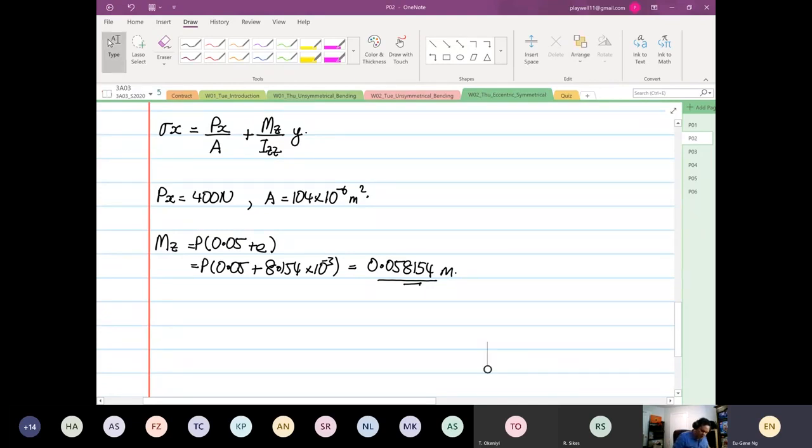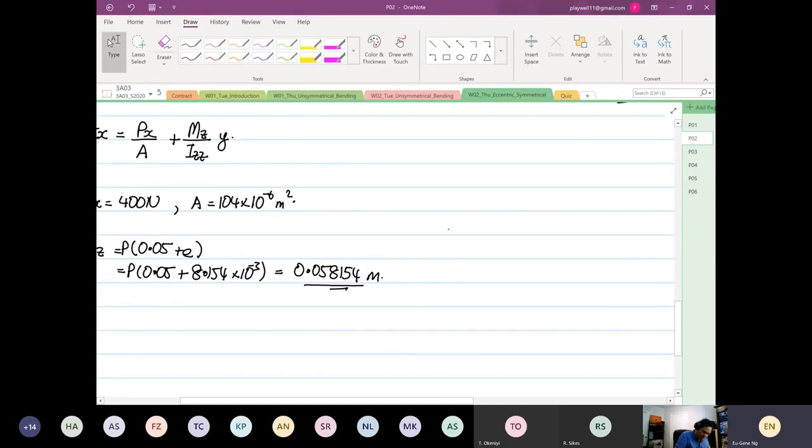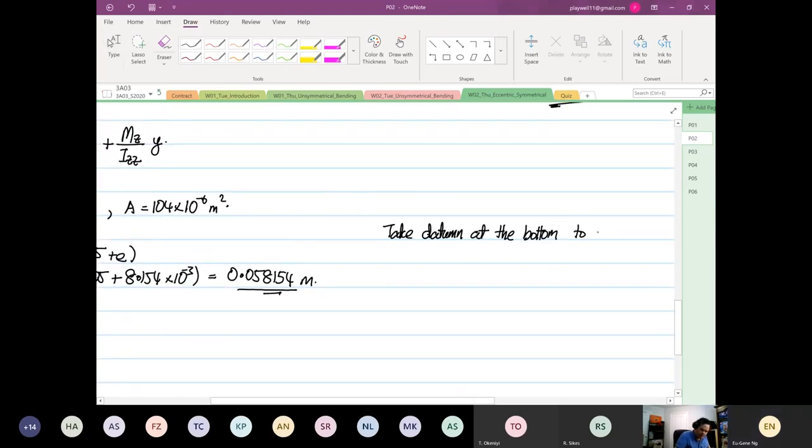If you were to take datum at the bottom to find the centroid, you have to remember this now.